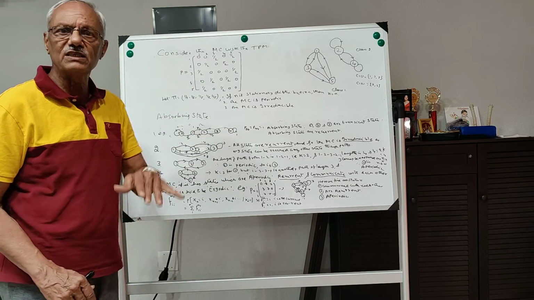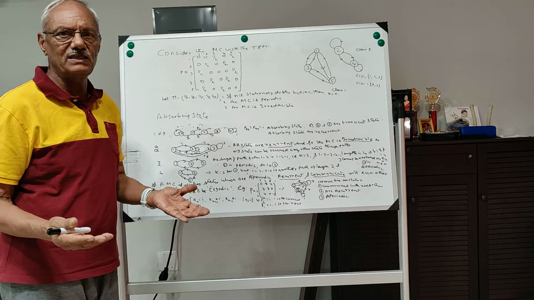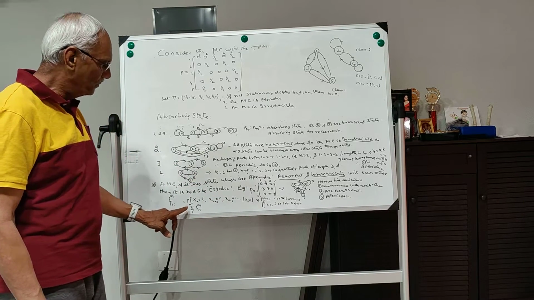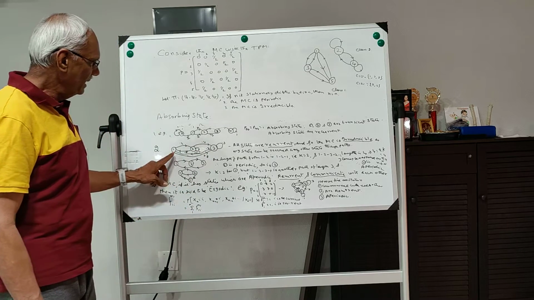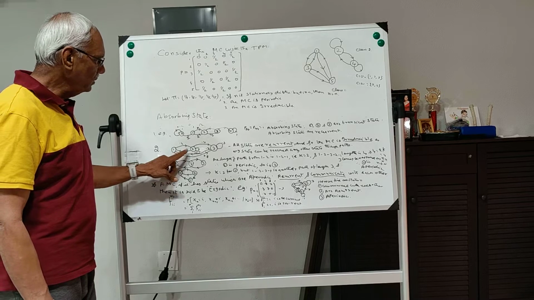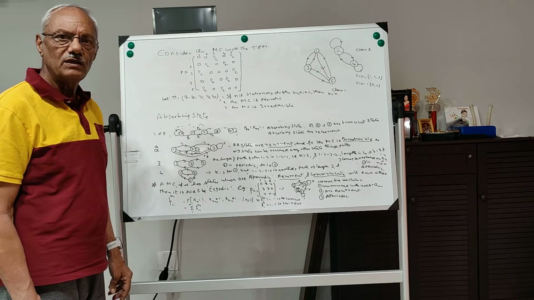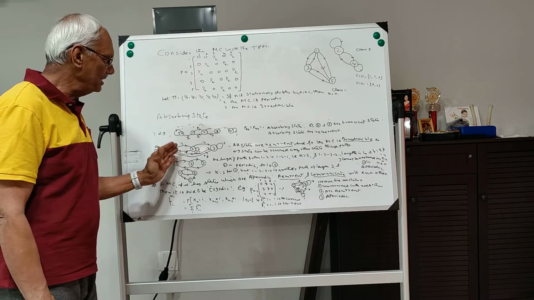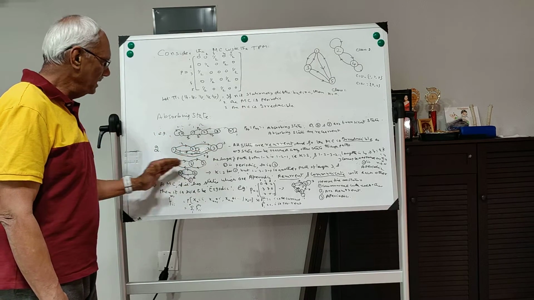If they are not transition states, we call them recurrent states. What are recurrent states? See, I have given an example of a recurrent state here. 1, 2, 3 are the states, and I have given the probabilities of transitions from 1 to 2, 2 to 3, and 3 to 1.